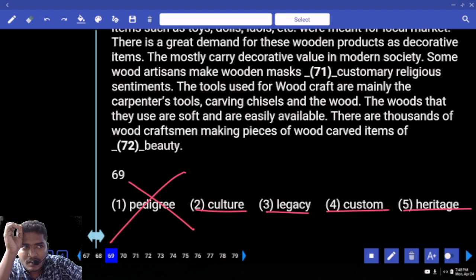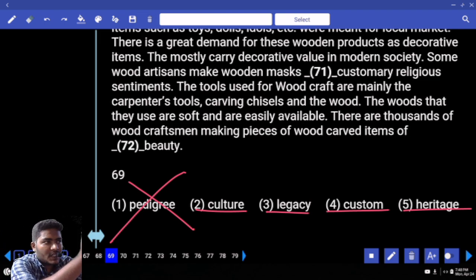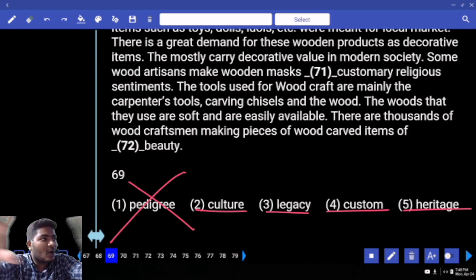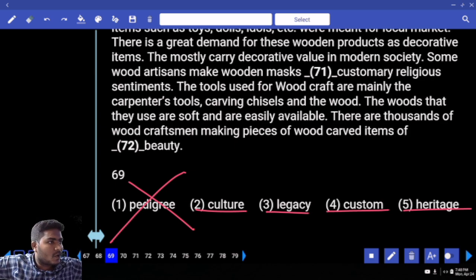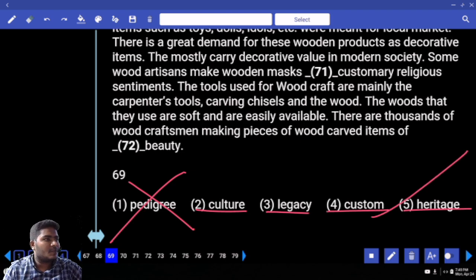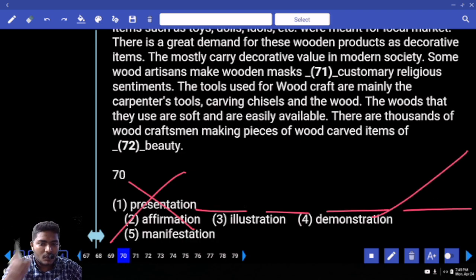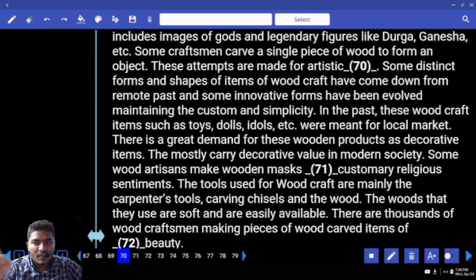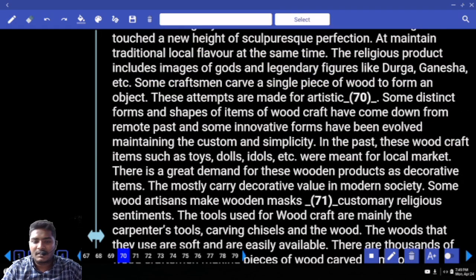The traditional work is followed from one person to another person, and this we call heritage. Even if you go to the rural areas, you find all the different carvings of the people who carved from their forefather to their son. Now this is called culture, legacy, custom, or heritage. This is nothing but heritage. That's why I told you to remember some words. If you disconnect, then your answer is wrong.